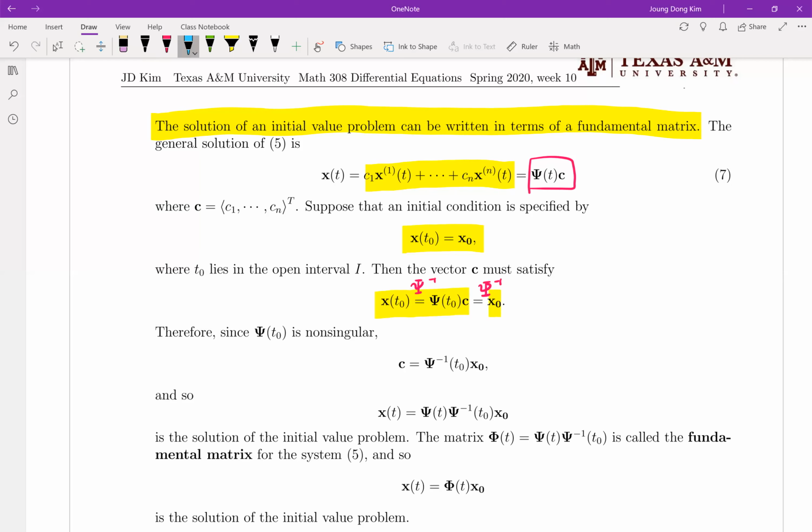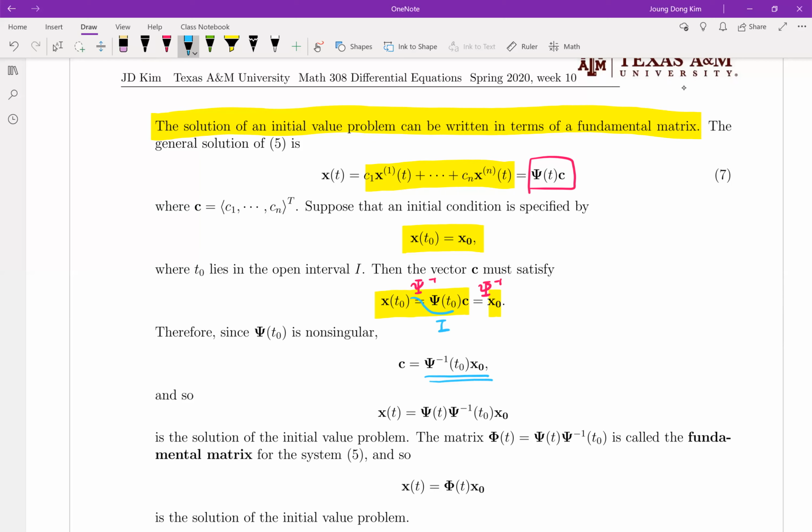Psi inverse times psi is the identity. Then you have only vector c on your left-hand side, and the right-hand side will be psi inverse of t0 times x0.